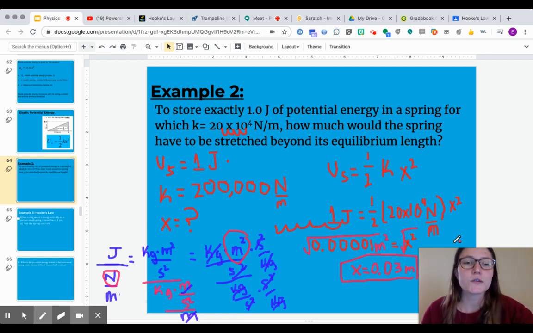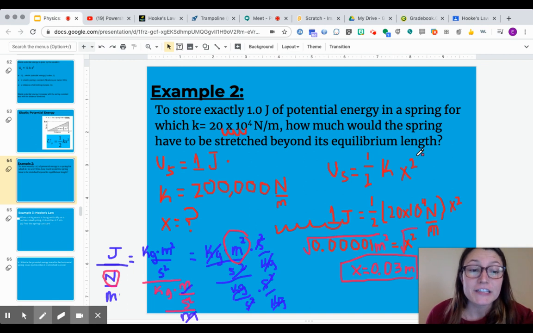Okay, so we know that this equation relies on spring constant and the stretch or compression distance, right? If spring constant is very large and elastic potential energy is very small, in order to account for that, the stretch distance must be small because the product is rather insignificant, right? 1 joule of potential energy.